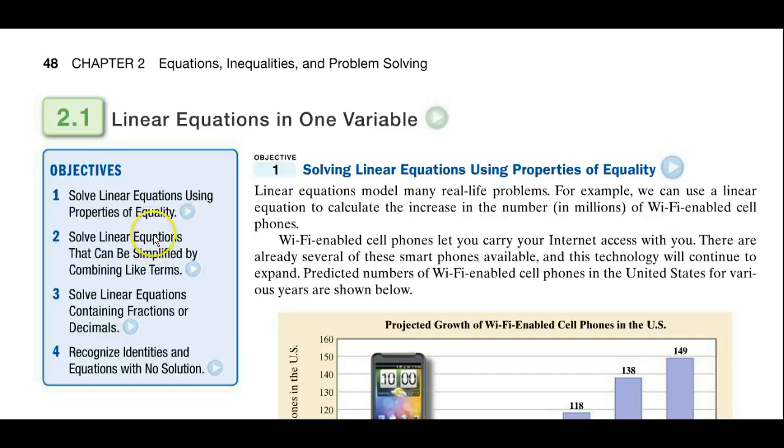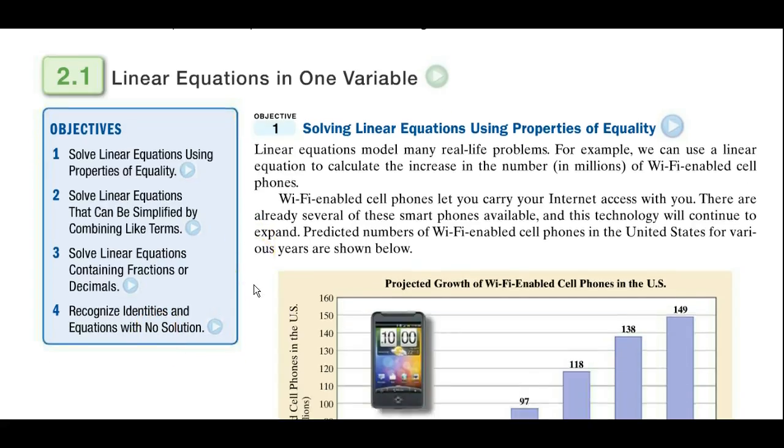So building on it, our objectives are to solve linear equations using properties of equality, solve linear equations that can be simplified by combining like terms, solve linear equations containing fractions or decimals, and then recognize some special kinds of equations that are referred to as identities, and things that look like equations but have no solution. These are called contradictions. So with that in mind, let's get started.